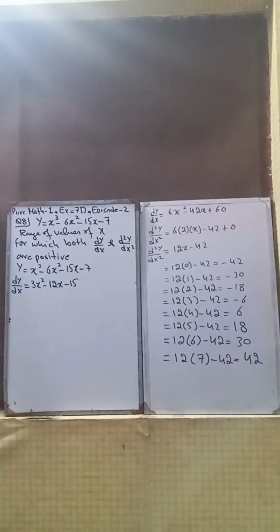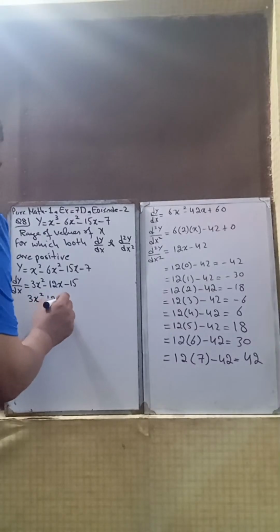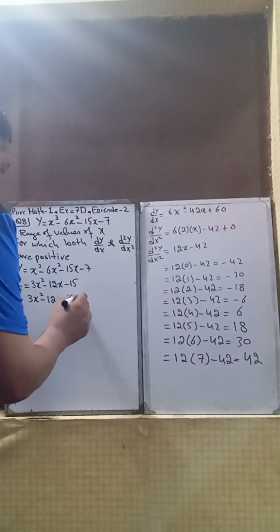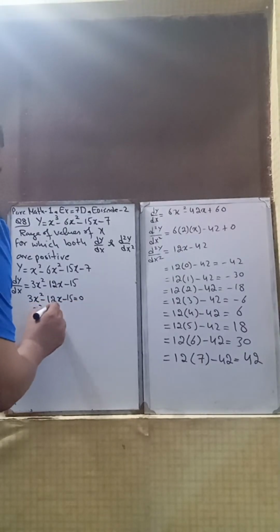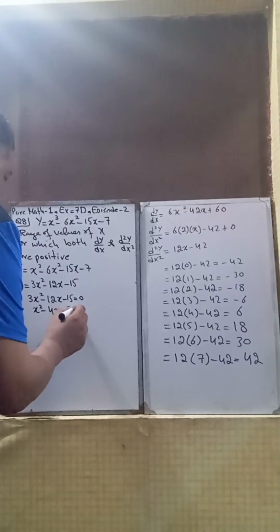Okay, let me check if I have written the right equation. x cube minus 6x square minus 15x minus 7. Okay, so I will make my derivative dy by dx equal to 0. So divide everything by 3, and you will have x square minus 4x minus 5 equal to 0.